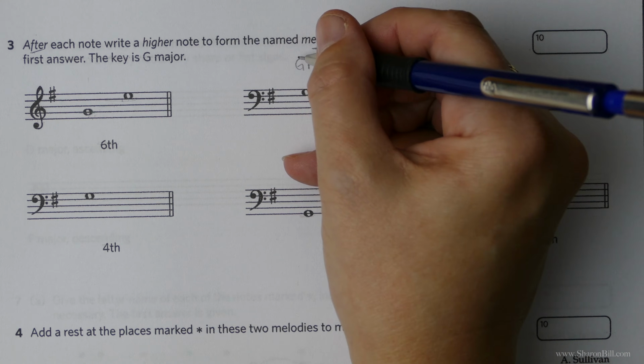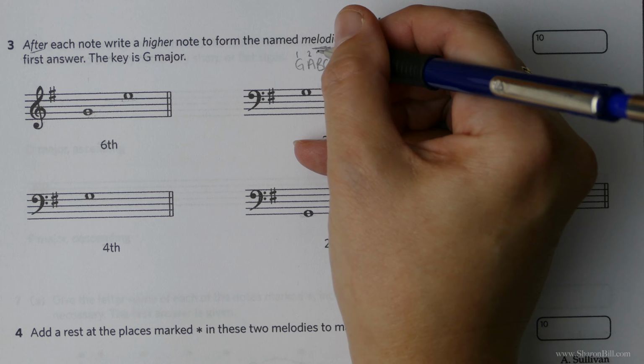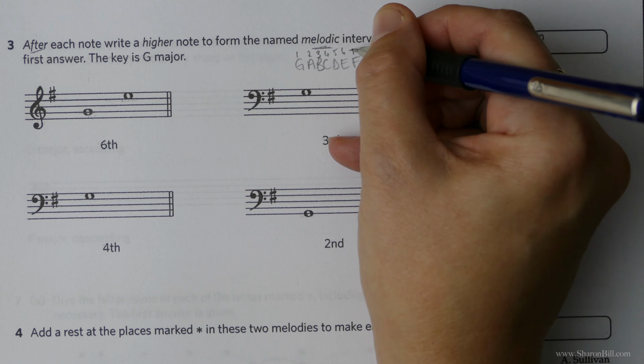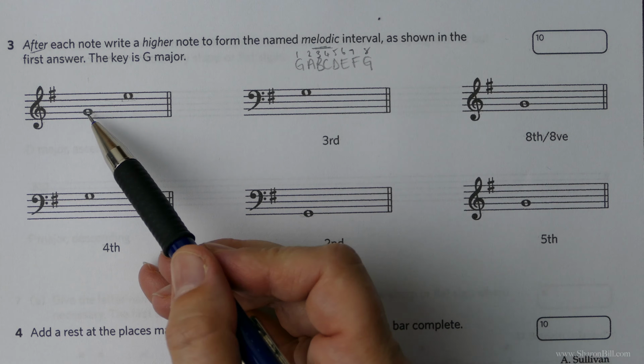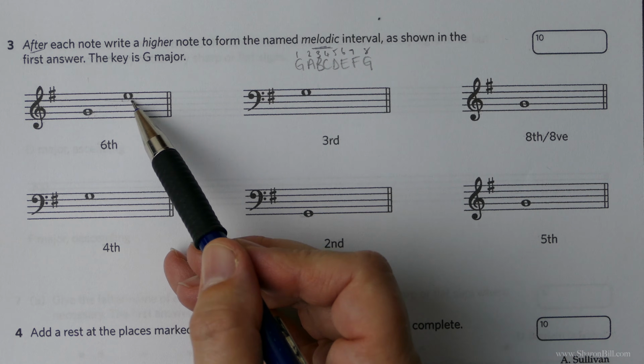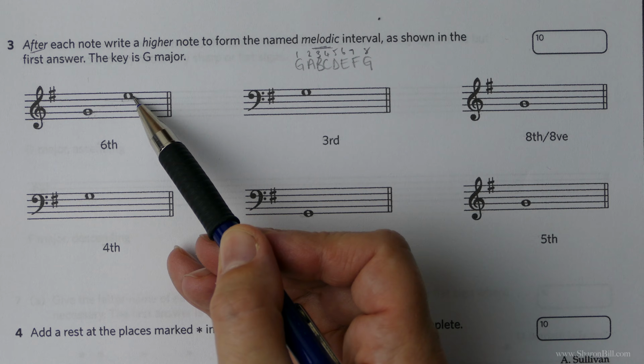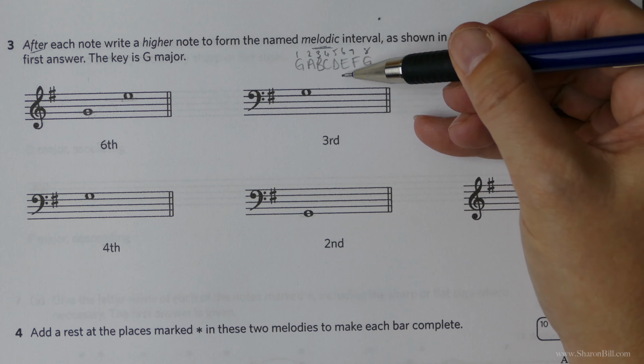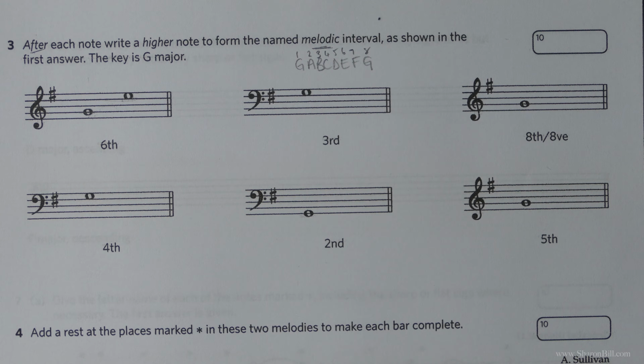There's an octave, so we know that G is 1, A is 2, B is 3, 4, 5, 6, 7, 8. And so here we've counted 1, 2, 3, 4, 5, 6, and you can double check that and you can see that E is the 6th. So that's also a way of doing it.